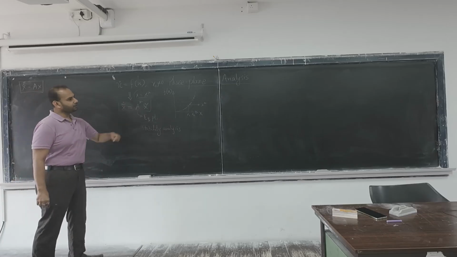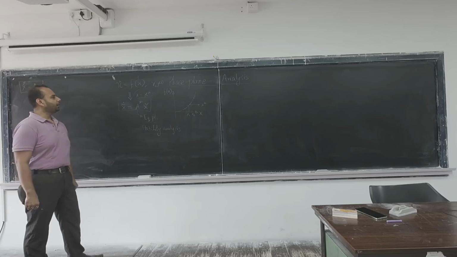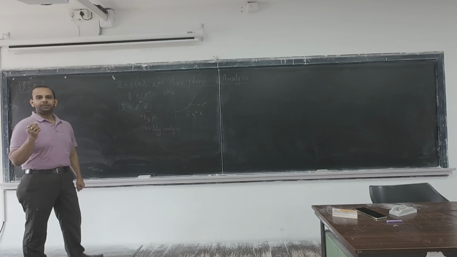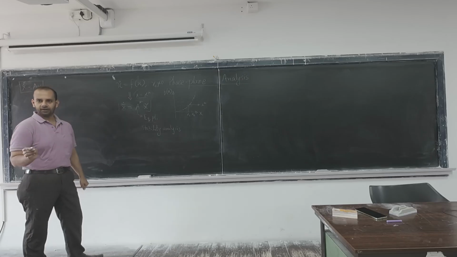Now coming to the linearization, it may happen that the nonlinearity is very peculiar, and we are not able to handle the nonlinearity at the first time. Then at the very beginning you linearize it.